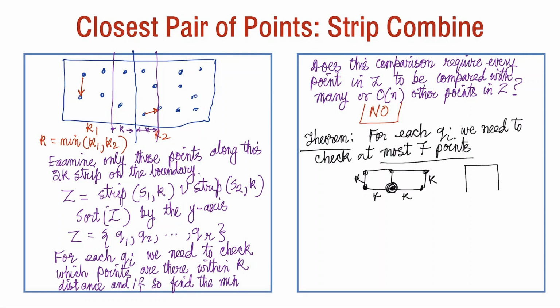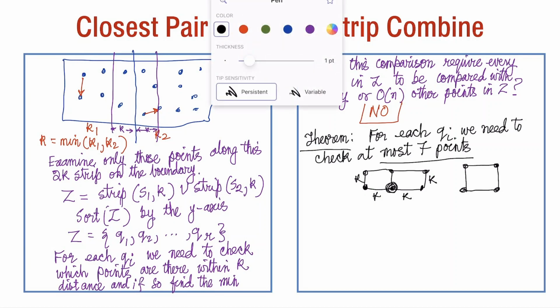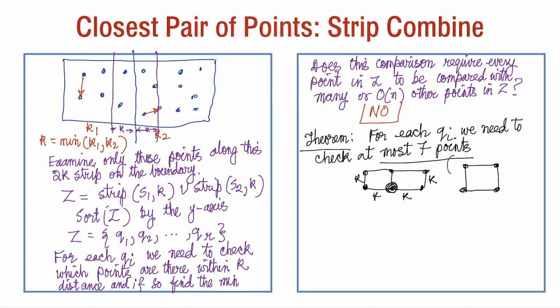And since no other point can occur within such radiuses of these 4 points, and you can draw circles of radius k around like this, you can show that at most, other than this, including this point, which is our point of reference, there will be total 8 points and only 7 points are there.